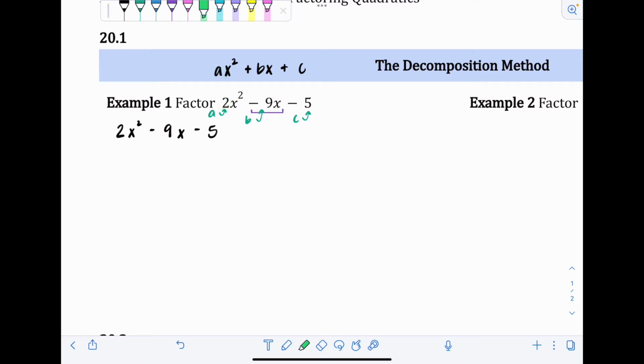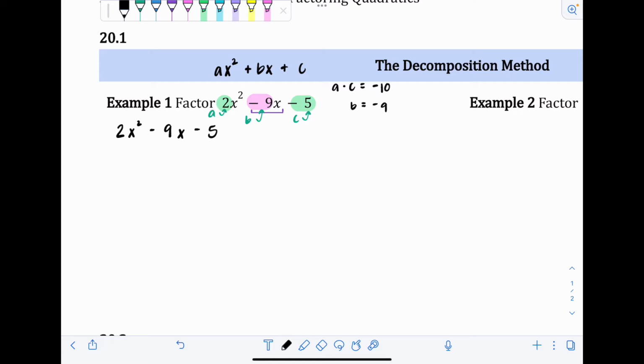What we have to do is first multiply a times c. In this case, a times c is 2 times negative 5, which is negative 10. Next we just need to copy down b, which is negative 9.